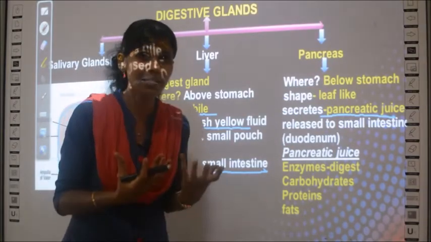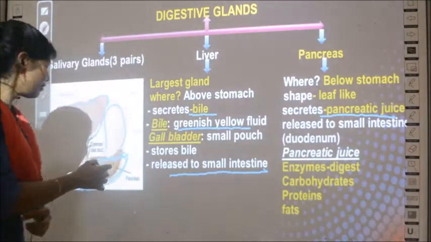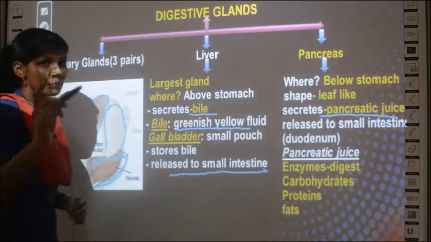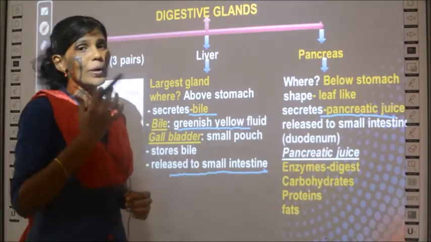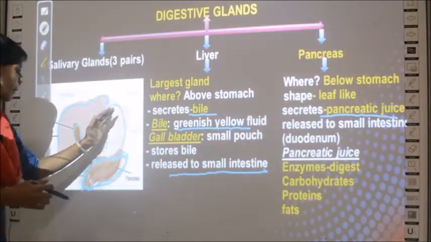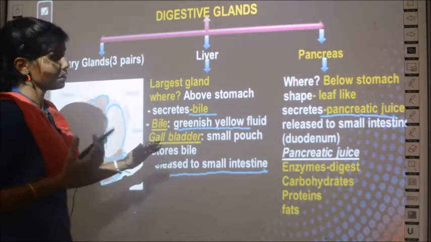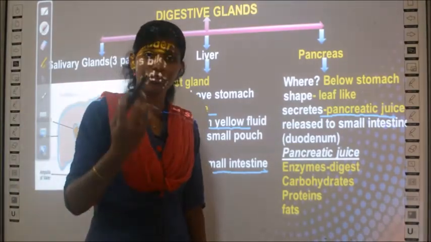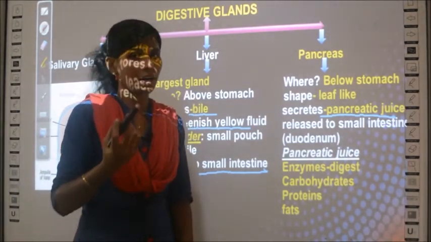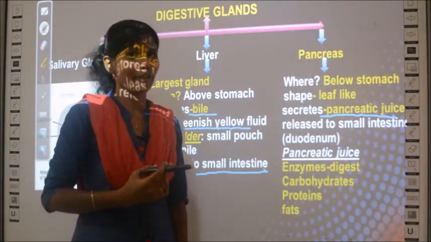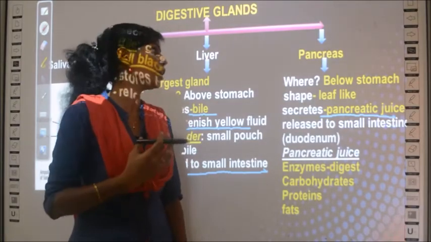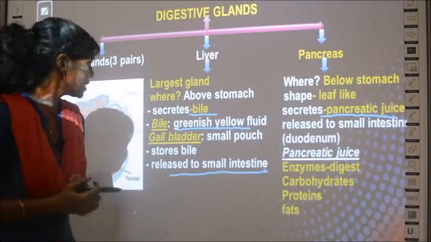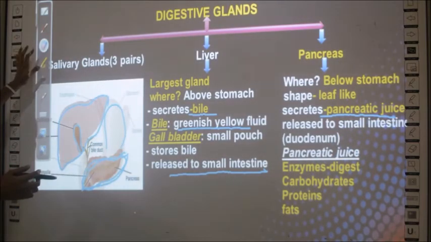First of all, how will you identify it? If you see a leaf shaped structure, then you can call it a pancreas. It is present below the stomach. And they have three main enzymes for digesting proteins, carbohydrates and fats. So this is all about today's class, and we'll go into the homework session.